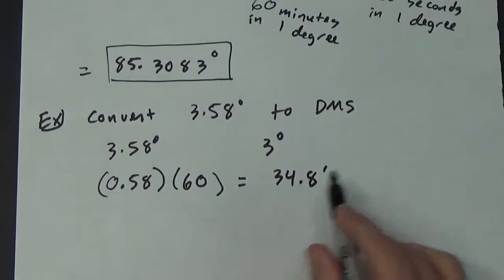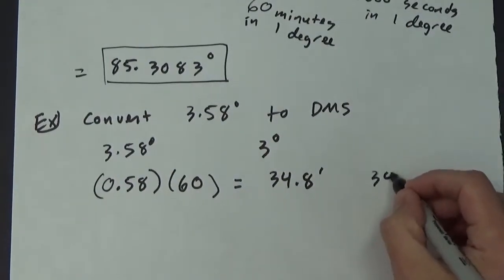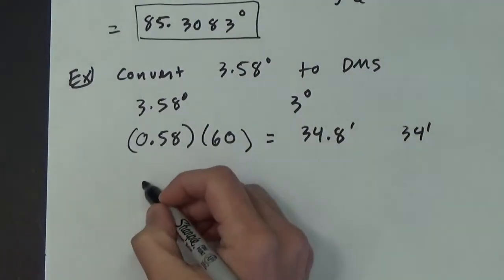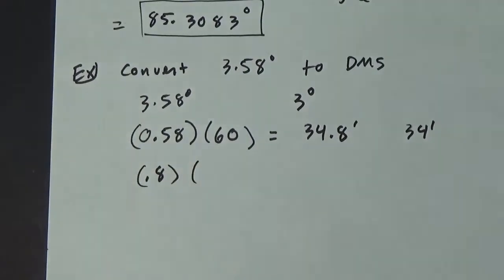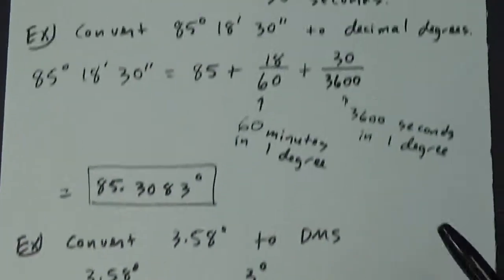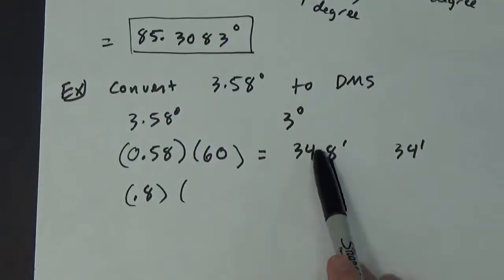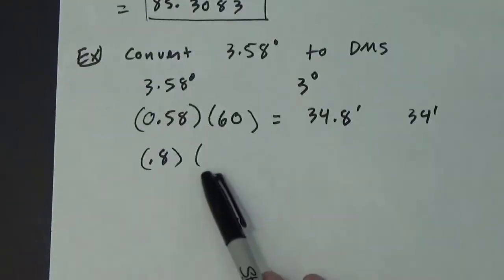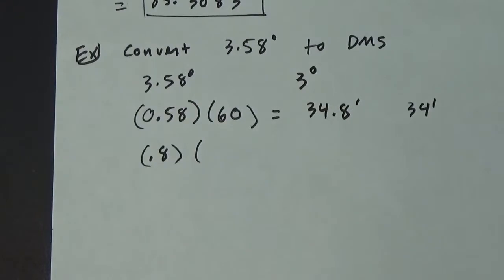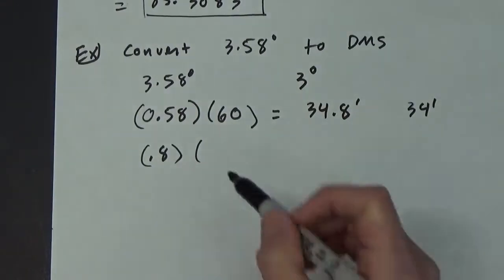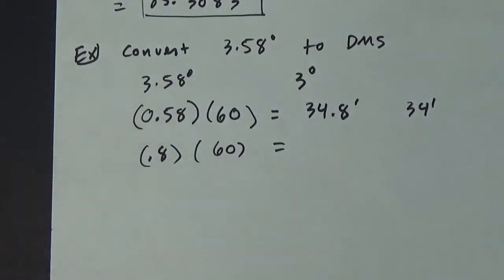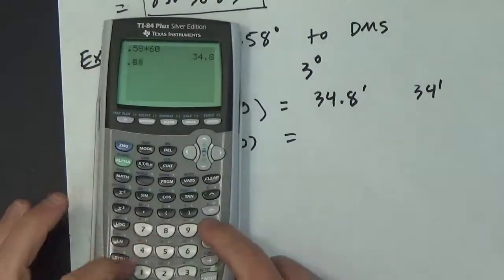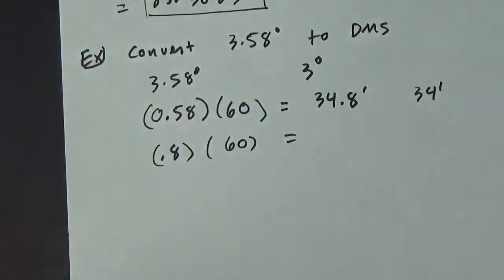All right, so now here's our minutes. We'll take out the 34-minute part, and then we have 0.8 minutes. Because we're already in minutes, we're not going to multiply by 3,600. We have to think, how many seconds are in a minute? It's 60 again, so we'll multiply by 60. This gives us 0.8 times 60, 48 seconds.